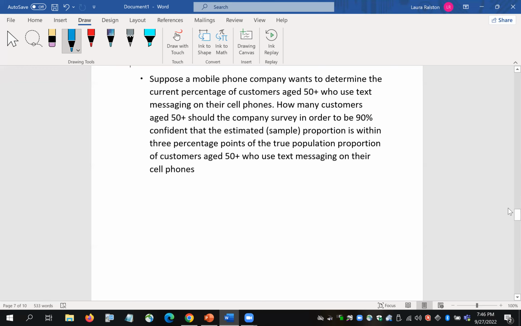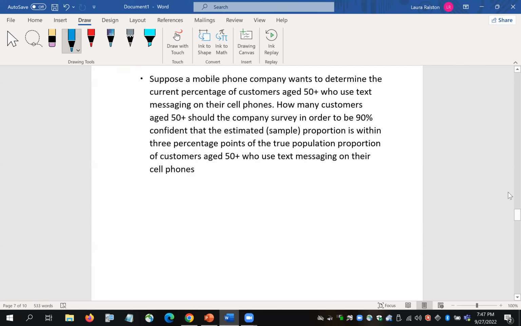How many customers aged 50 or older should the company survey in order to be 90% confident that the estimated sample proportion is within 3 percentage points of the true population proportion of customers aged 50 or older who use text messaging on their cell phone?